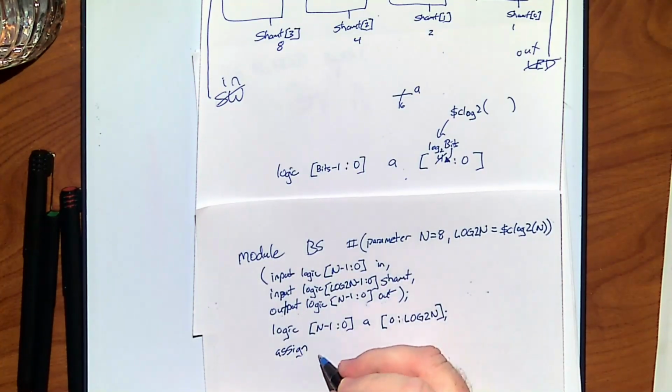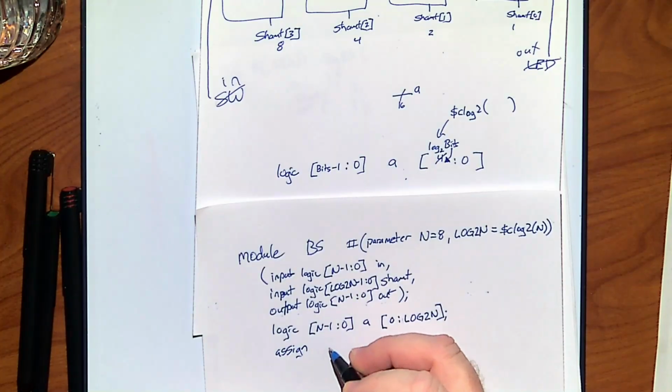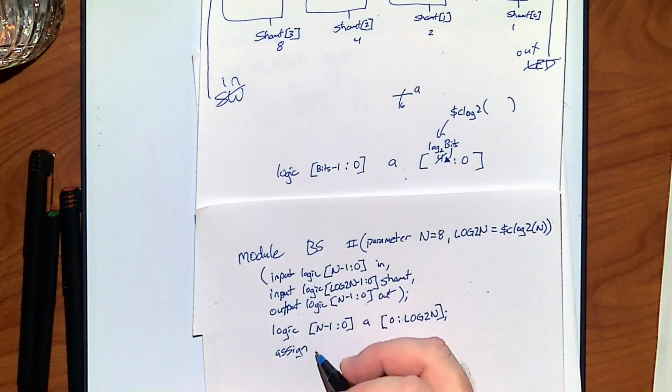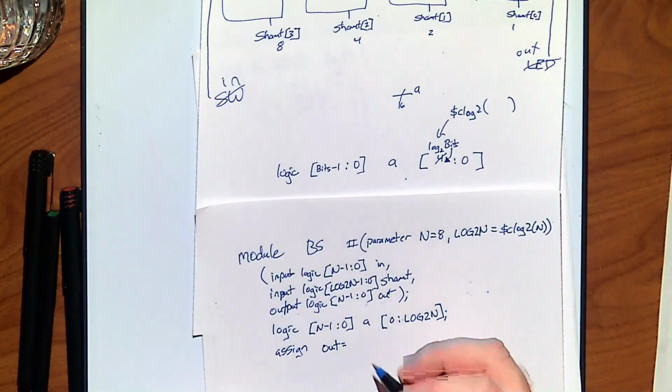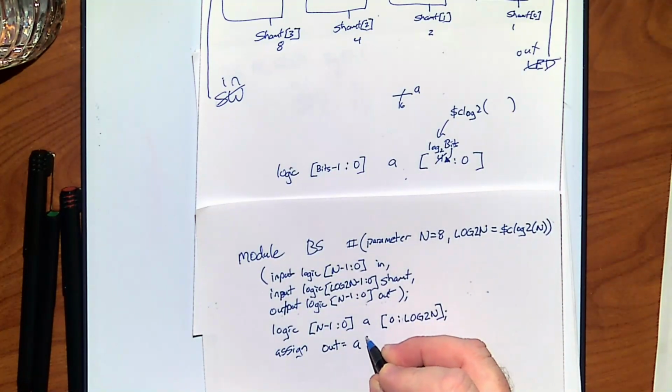So we're going to do an assign, and I want to get whatever my names of these are. Say we set output, in this case, to A0.